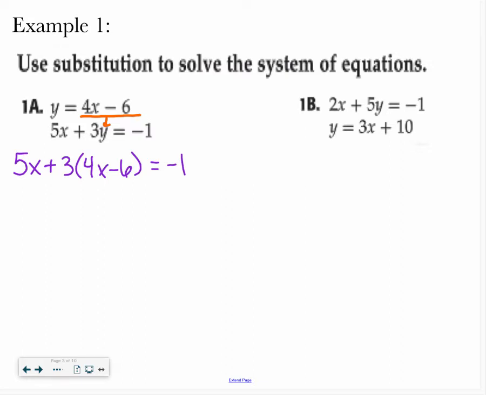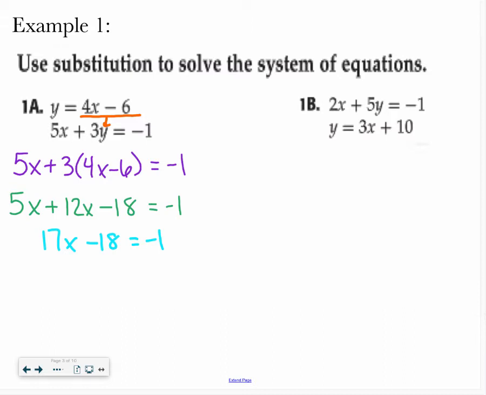Now from there, I want to distribute and get rid of my parentheses. So now I have 5x plus 3 times 4x is 12x, 3 times the -6 is -18, equals -1. I'm going to go ahead and combine some like terms to make it a little neater. So I have 17x minus 18 equals -1.